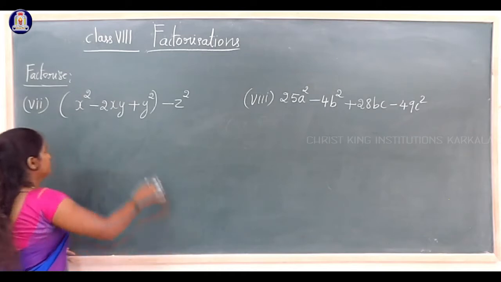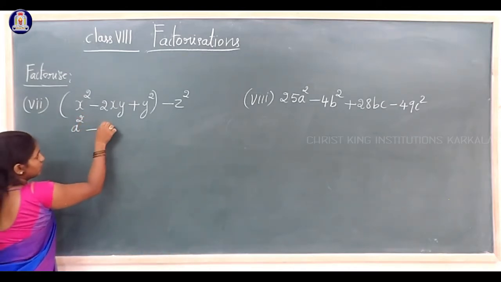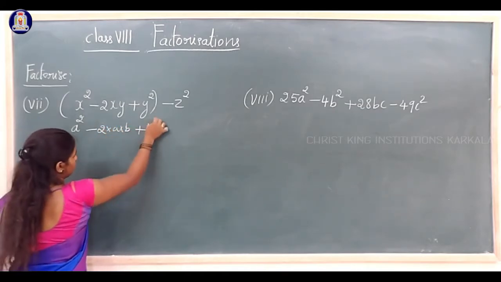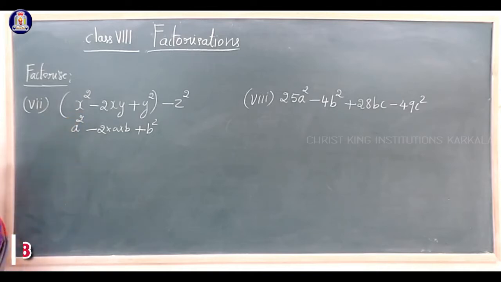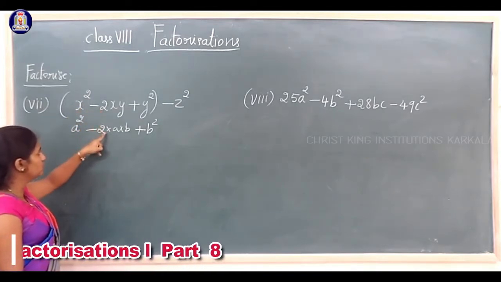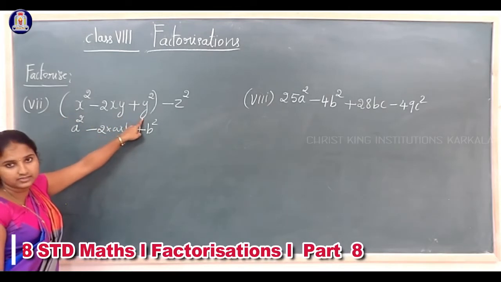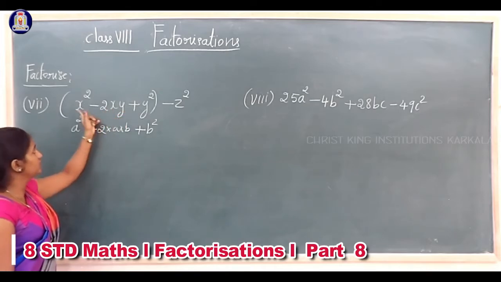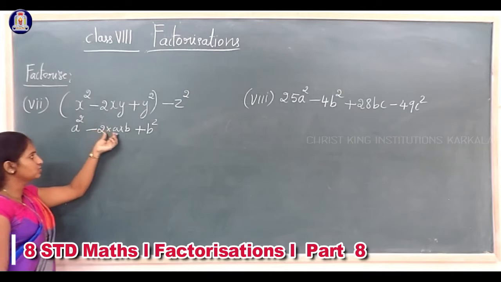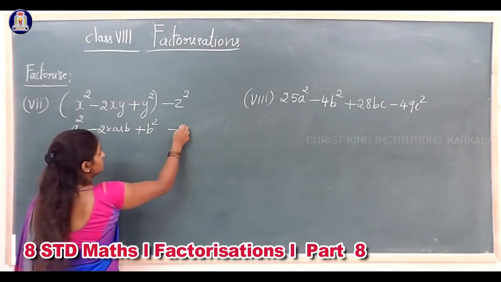So see, the first three terms are in the form of a square minus 2 into a into b plus b square. A is x and b is y. So 2ab, a is x, b is y. So we can write a square minus 2ab plus b square minus z square.